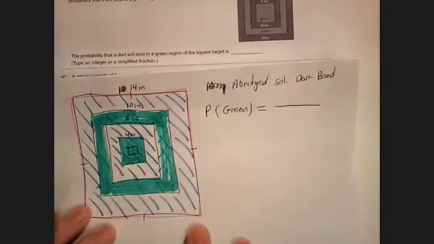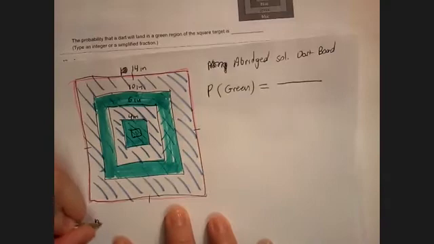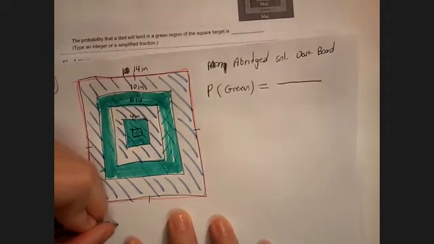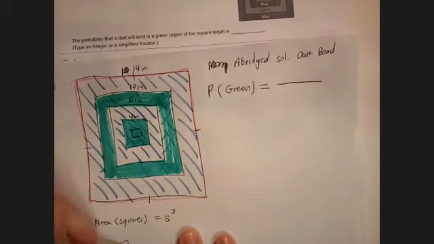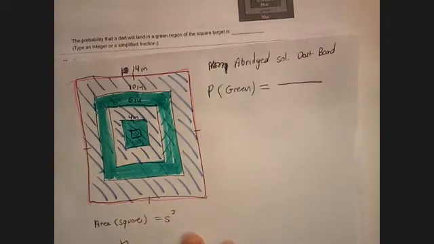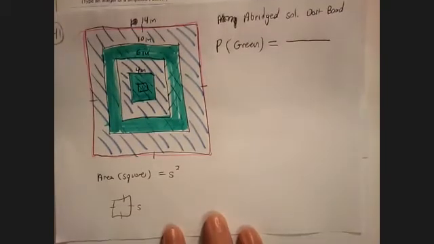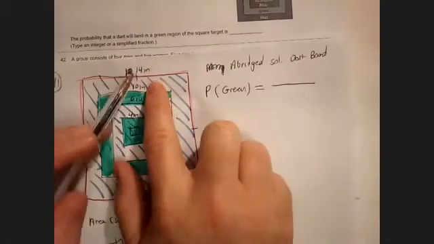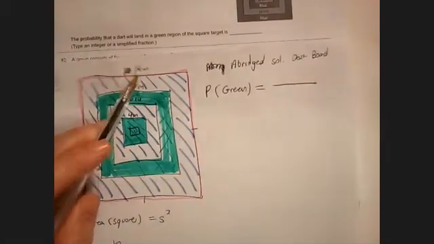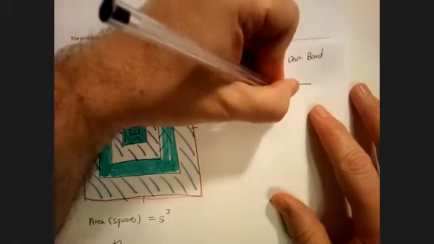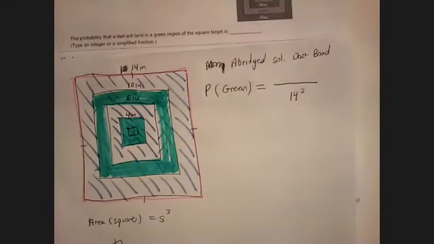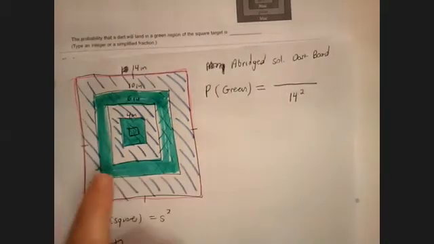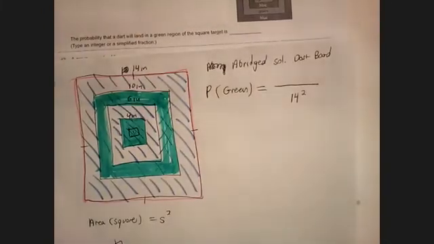I need to remind you the area of a square is S squared. If every side is S, then it's length times width, or S times S. So in this case, it will be 14 times 14. So 14 squared will go on the bottom. I'll work this out, but just so you know, in your problem you can look at those numbers and know where to put them.